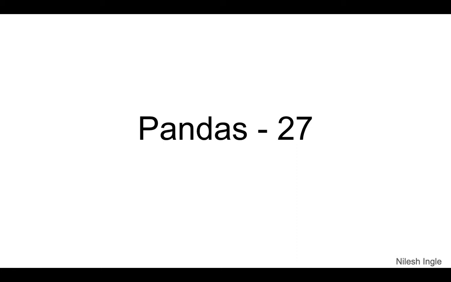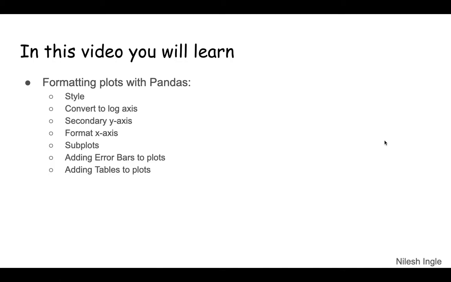Today we are going to continue learning about pandas, and in this concluding video on visualizations we'll look at some formatting and other issues that we can use pandas tools to create visualizations.